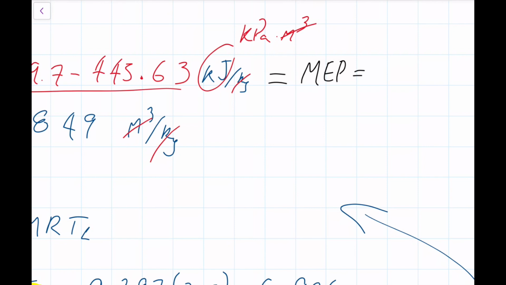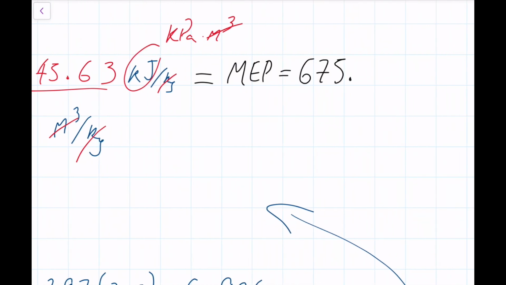Let's just round it up, 675.9, and that's in kilopascals. All right, so that's our part C of the diesel problem.